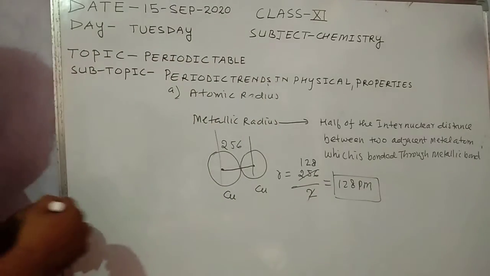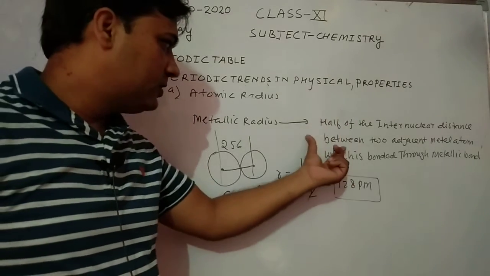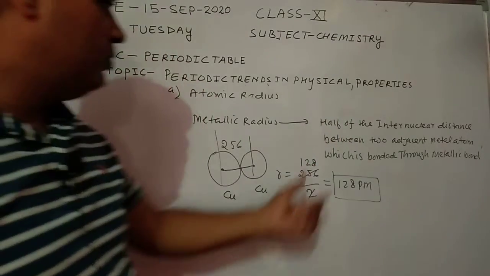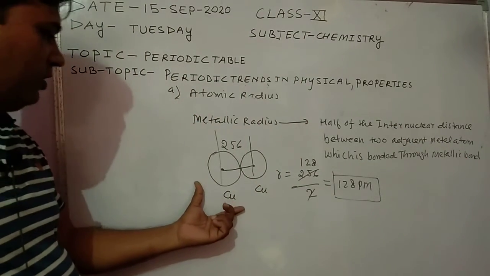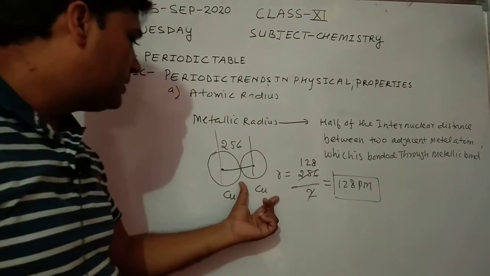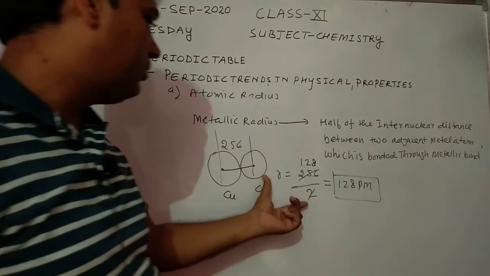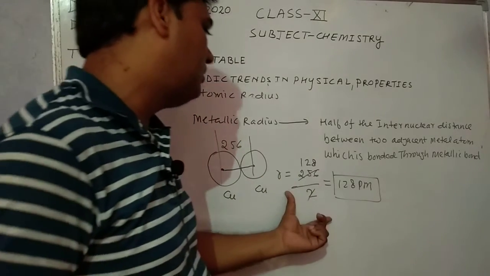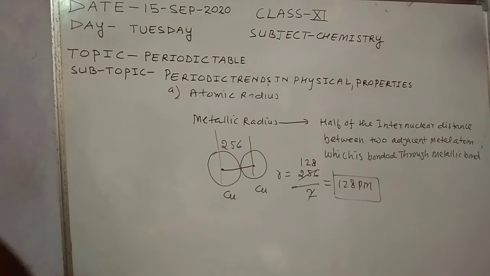So metallic radius is half of the internuclear distance between two adjacent metal atoms bonded through a metallic bond. The internuclear distance is 256, so the radius of the copper atom is 128 picometer.